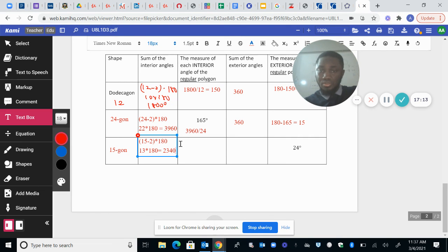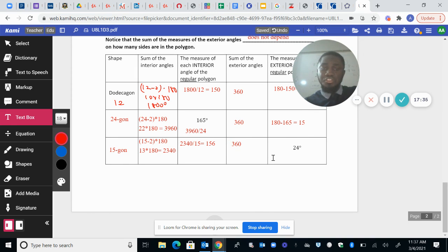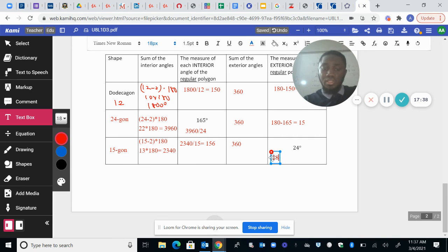Each angle is the total angle divided by the number of sides. So 2340 divided by 15 is 156. And we know the sum of exterior angles is 360, and each exterior angle is 180 minus each interior, which is 156, and that gives me 24.